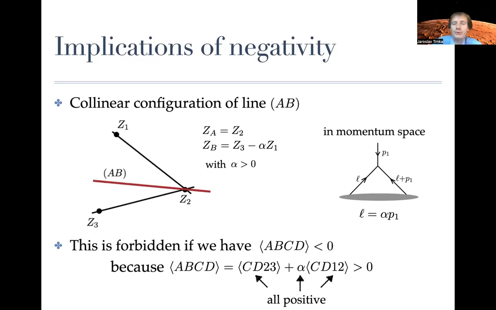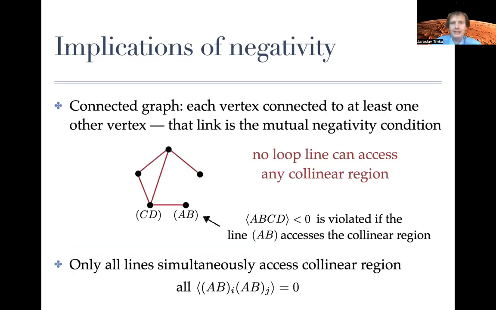The negativity conditions between these loops don't prevent the loops from having access to collinear and soft-collinear regions, which generate the IR divergence after we integrate. So there is some formal way to say it.